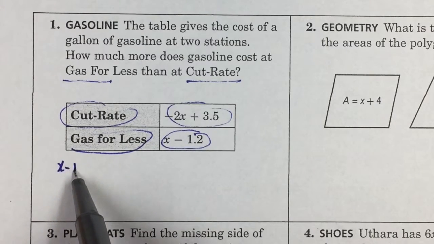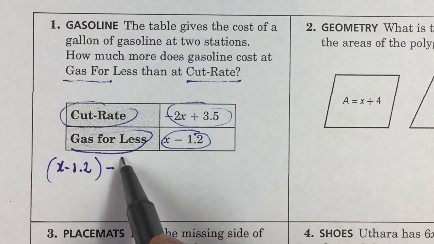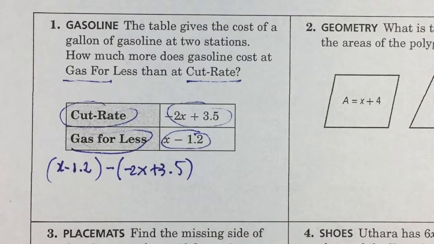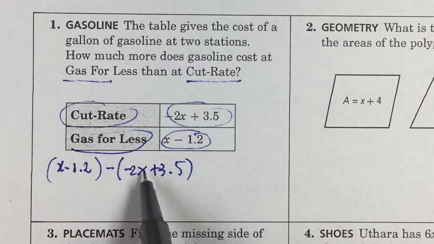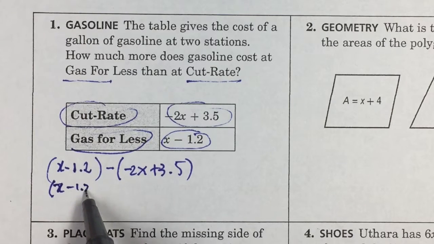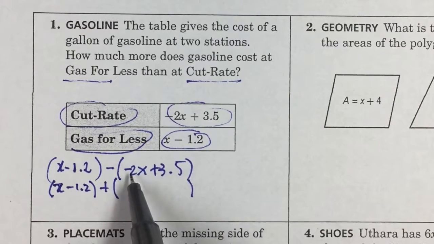x minus 1.2 minus this one here. The price at Cut Rate is negative 2x plus 3.5. Well, now we're going to add the inverse of this one. So keep this one the same, x minus 1.2. I'm going to add the additive inverse of this one by changing the sign in each of these.